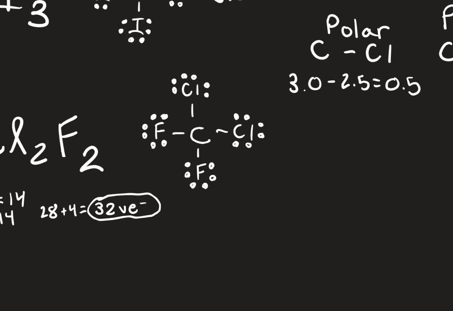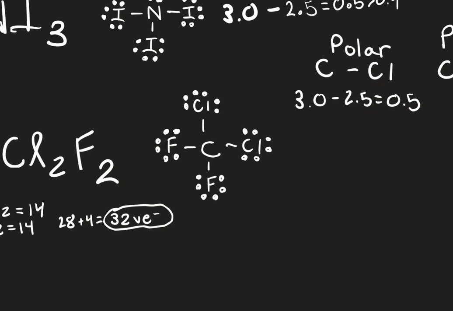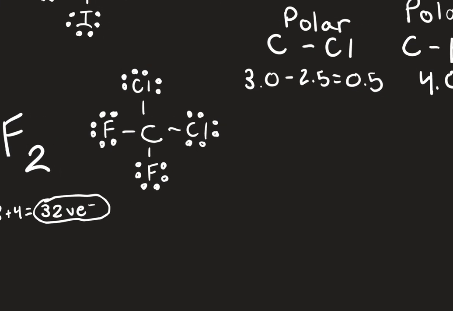So we have polar bonds, but because we have 4 atoms bonded to the center atom and no lone pairs, this is tetrahedral. Which means that all of our bonds or our dipole moment, our polar bonds are going to cancel out. So this is going to be a nonpolar molecule.